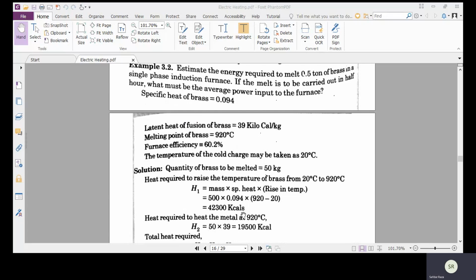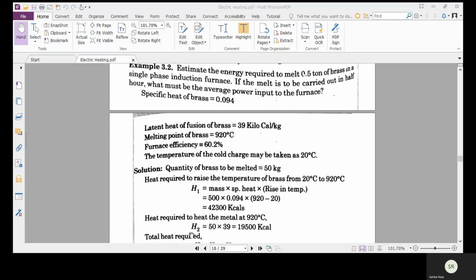Heat required to heat the metal at 920 degrees, because we have already discussed in the theory that we have to keep the temperature constant so that the charge or the metal will be in the molten state.